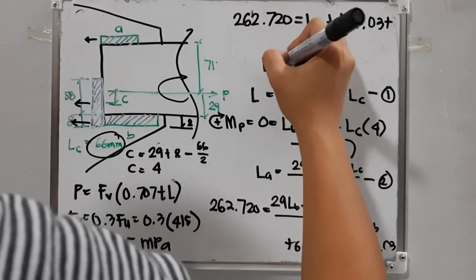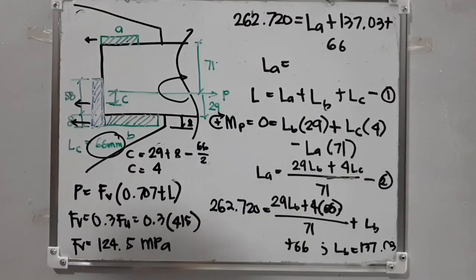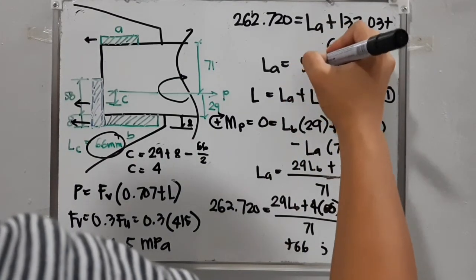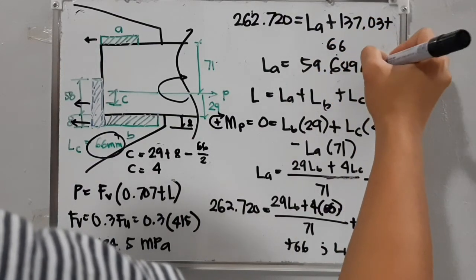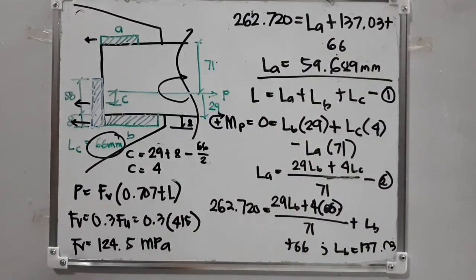Therefore, the value of A is equal to 59.689 millimeters. So these are the final answers.